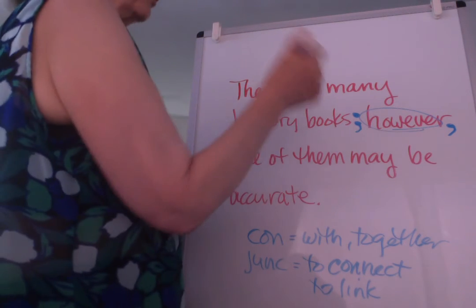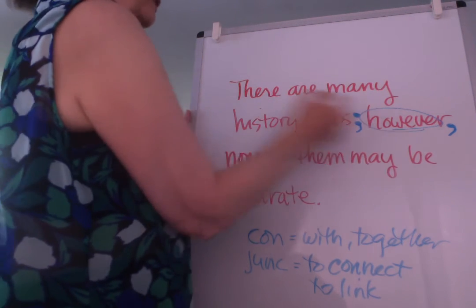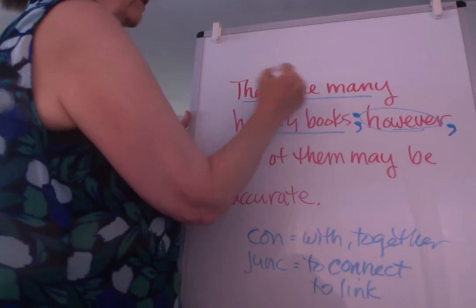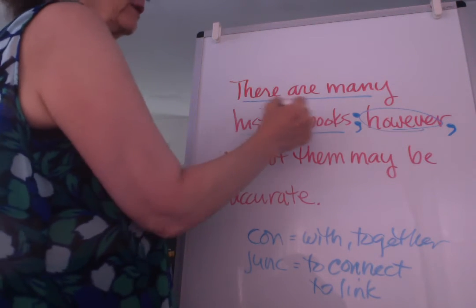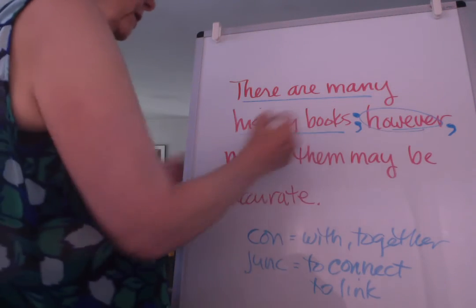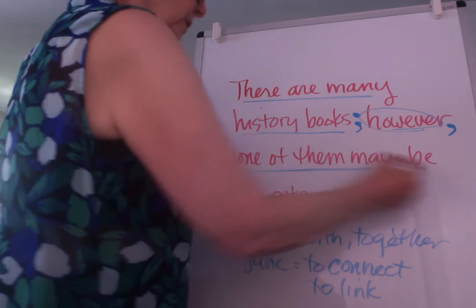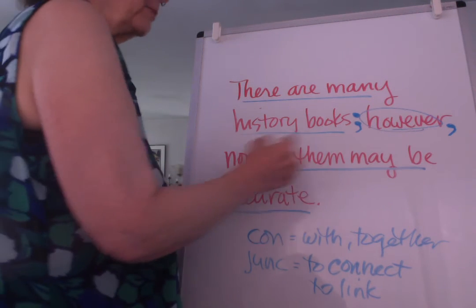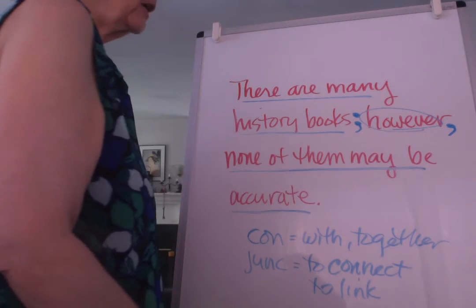Now, you'll notice that before this conjunctive adverb, we have a main clause. There are subject predicate. There are many history books, main clause. Then we have the conjunctive adverb, and then we have another main clause. None of them may be accurate. None is the subject, may be is the predicate.